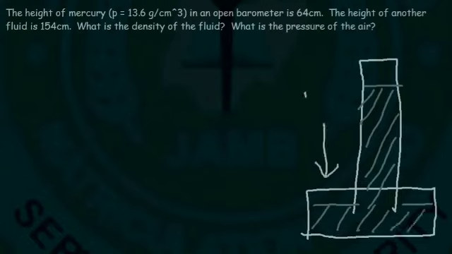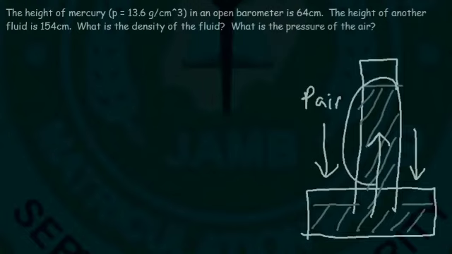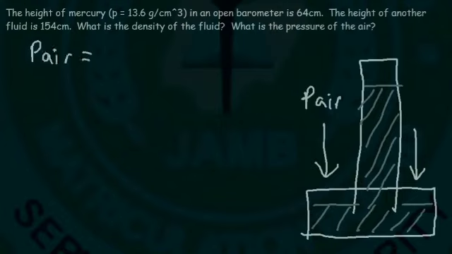So the outside air is going to exert a pressure, and that pressure pushes up the fluid. So the weight of the air equals the weight of this column. So therefore, the pressure of the air is equal to the gauge pressure of that column, which is density times gravity times height.